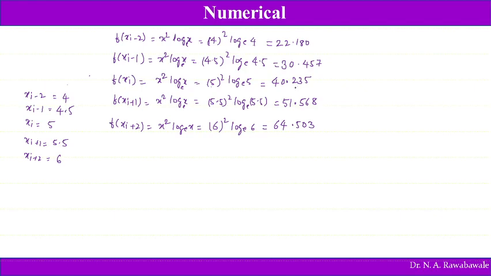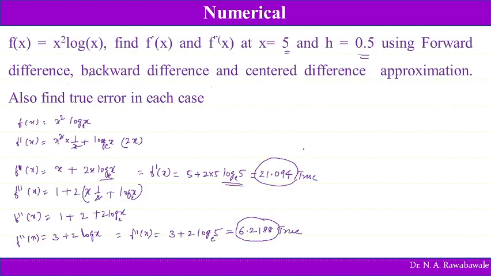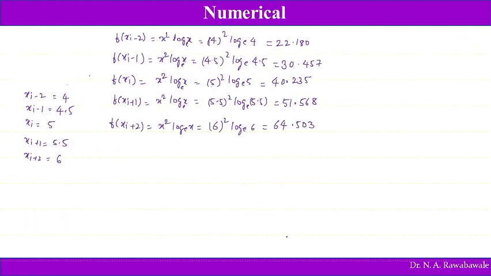This information will help us to find out the first derivative and second derivative. The first derivative, which we have already obtained by the direct method, is 21.094 and the second derivative is 6.2118. So now we'll find out the first derivative f dash of x using the forward difference formula, that is equal to f of xi plus 1 minus f of xi divided by h.